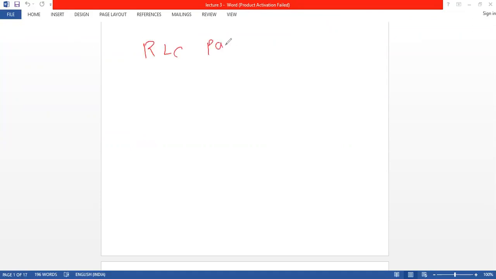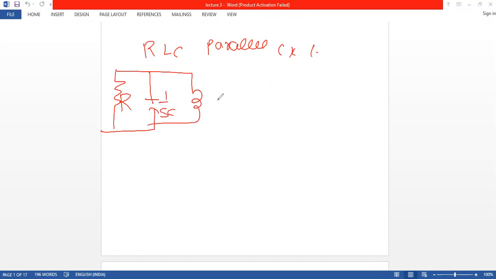RLC parallel circuit. If you write their equation in the S domain, it will become 1 by SC and SL. Now Z of S equal to V of S by I of S. In parallel, you easily find Y of S. What is Y of S, friends?